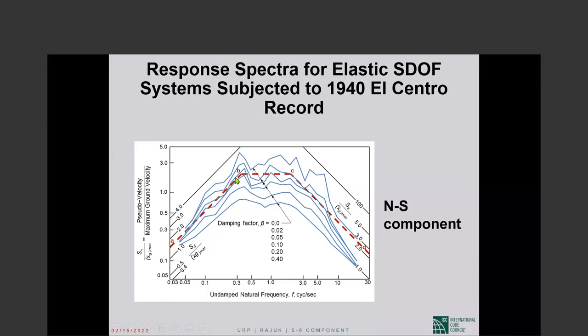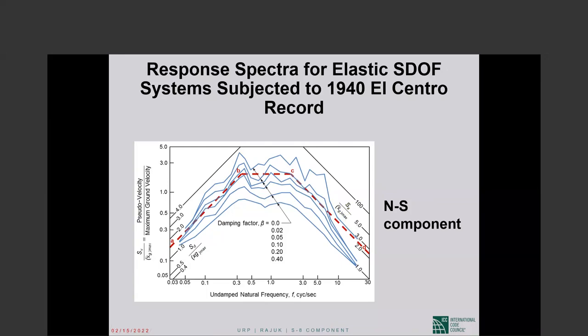Okay, you see on this diagonal scale where we are reading the spectral accelerations, they are normalized with respect to the peak ground acceleration.